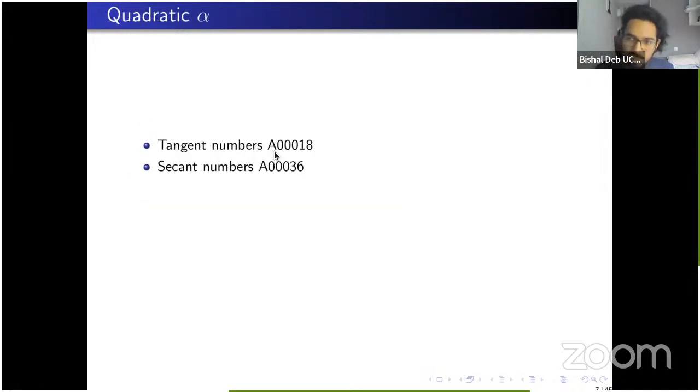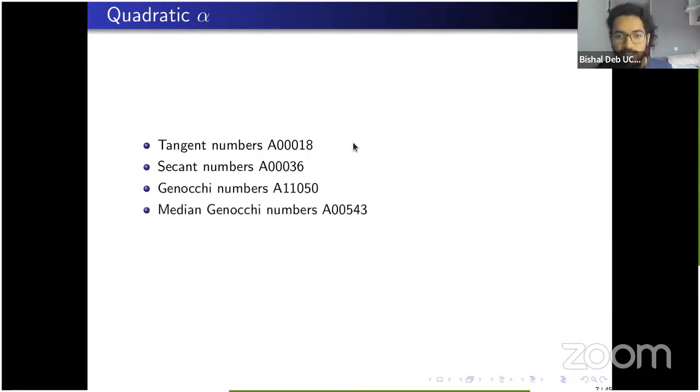Let me first give some examples of sequences which have quadratic growth. There are the tangent numbers and secant numbers, Genocchi and median Genocchi numbers, and even Springer numbers. In this talk I'll talk about the tangent and secant numbers, Genocchi and median Genocchi numbers, not about the Springer numbers, and I'll define what they are in some time.